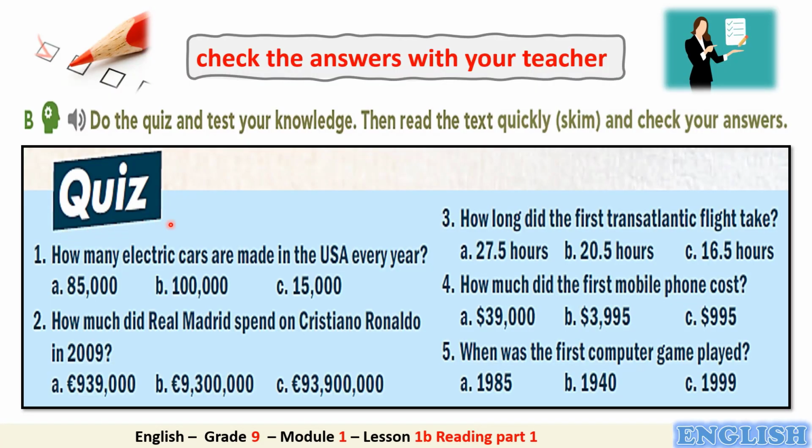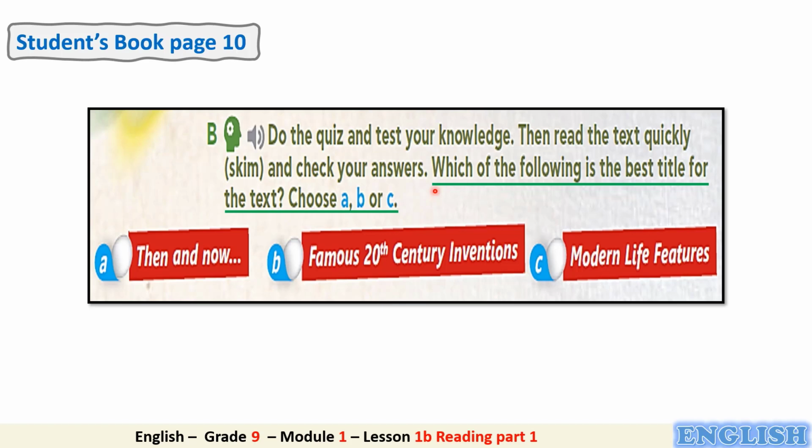As you see here, this is the quiz again, and we come back here to check the answers with your teacher. Here, let's discuss the second part of exercise B. Which of the following is the best title for the text? Choose A, B, or C. A. Then and Now.